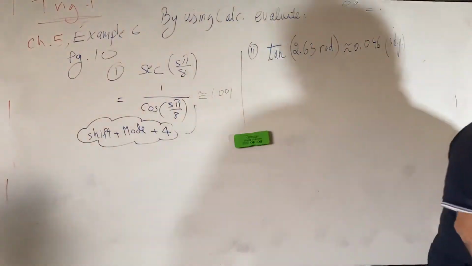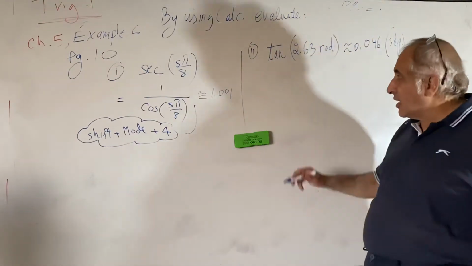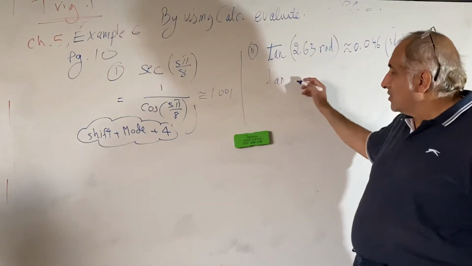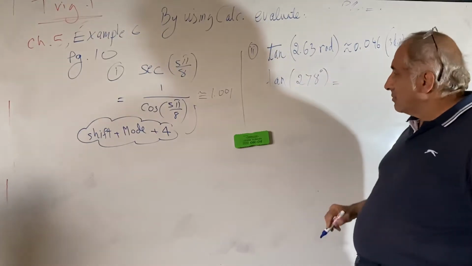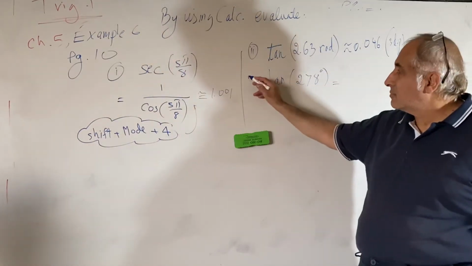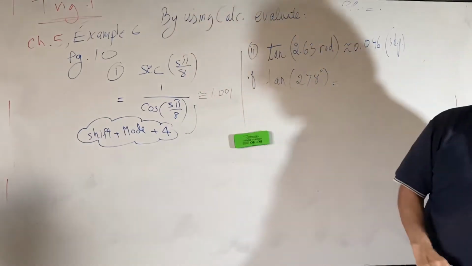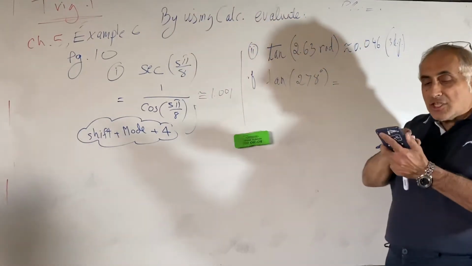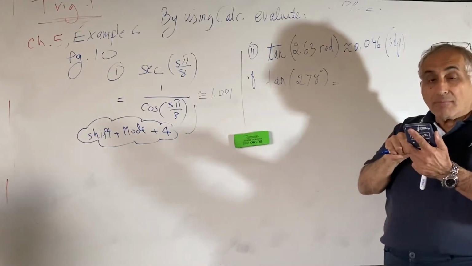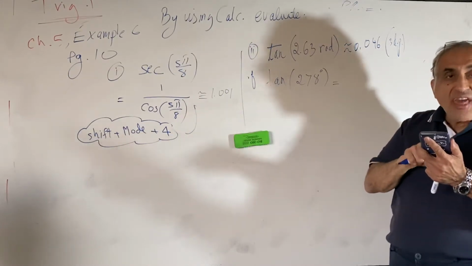But suppose I give you a question like tangent 278 degrees. You cannot keep the calculator in radian mode; you have to change it back to degrees. Shift, mode, and then press 3.